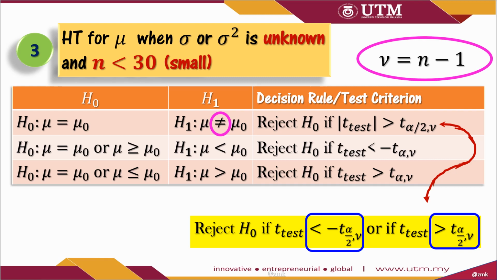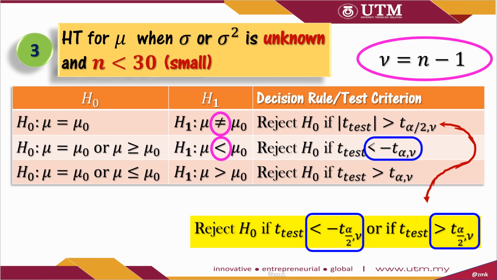Here, the two critical values on the left and on the right are both at alpha over 2, as we have a two-sided test. Now the second choice of hypothesis test is a left-sided alternative hypothesis test, where under H1 we have mu less than mu naught. The decision rule will then be reject H0 if t-test is less than the left-sided critical value, which is negative t alpha, nu.